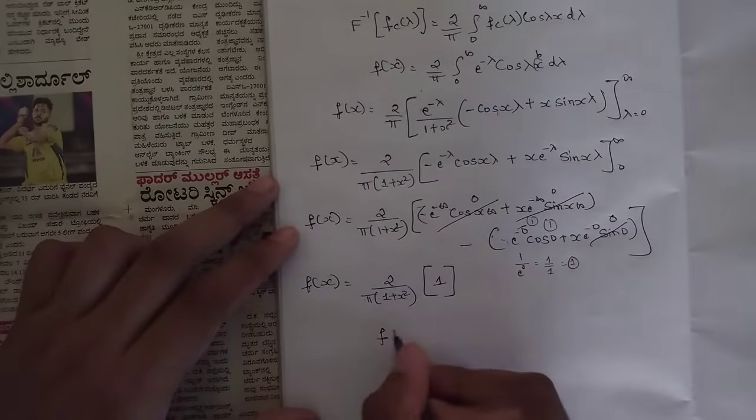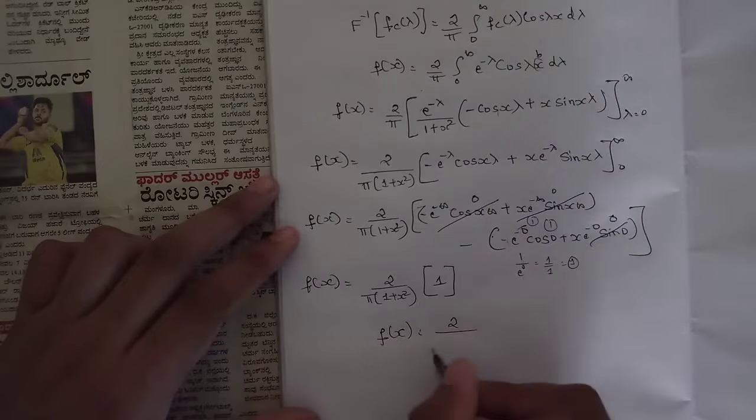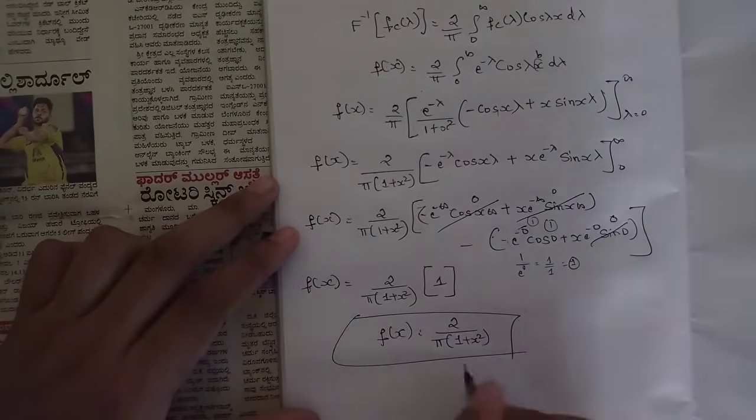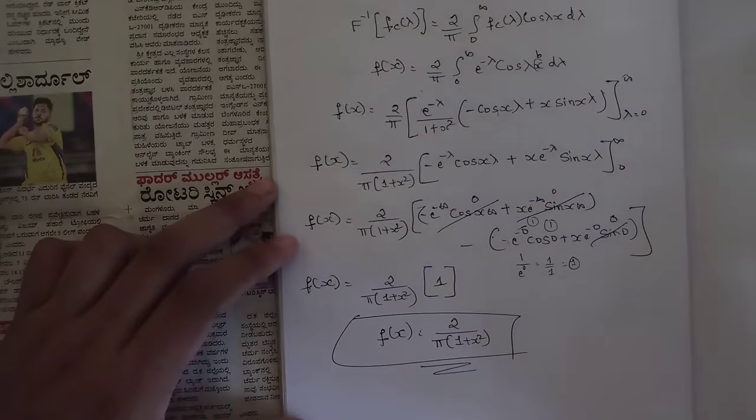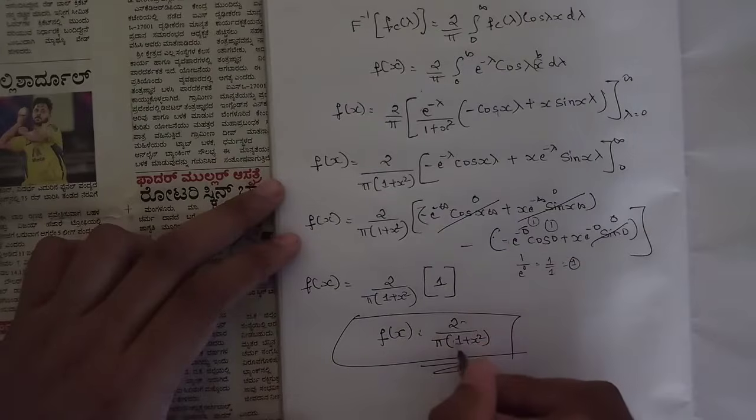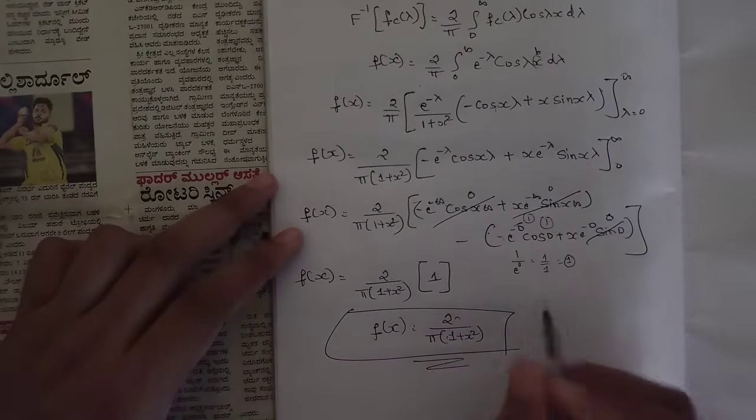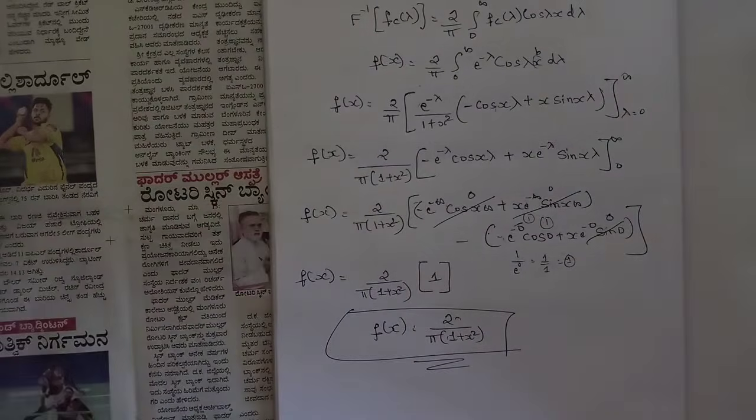So the final answer which we get is 2 by pi into 1 plus x square. Okay, yeah, so this is your answer. Here nothing much. In the last problem we had 2a divided by a square plus x square, right? So in this problem, if we replace the value of a by 1, we get this as your answer.